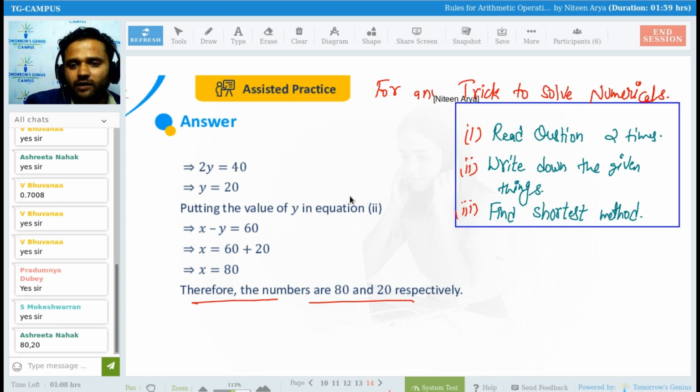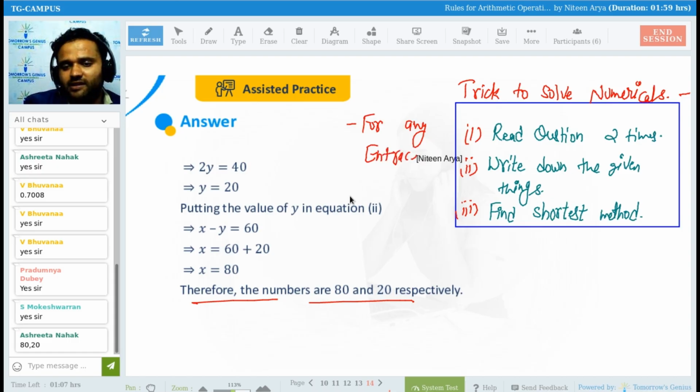for any entrance exam, the main task of yours is to solve the objective or get the right answer.